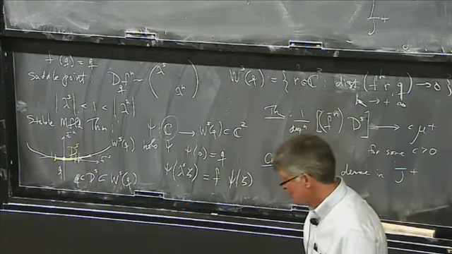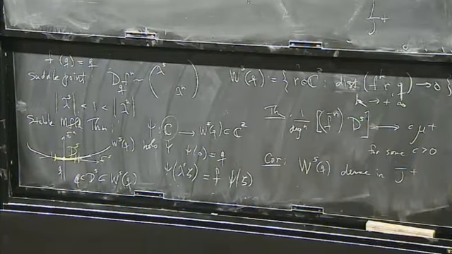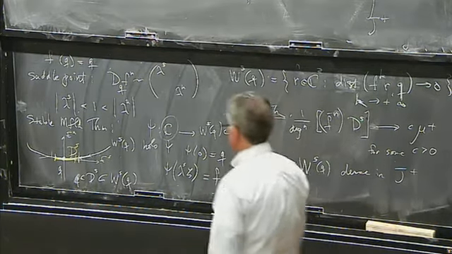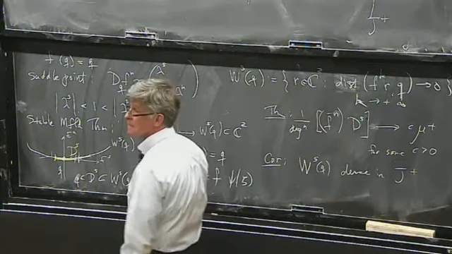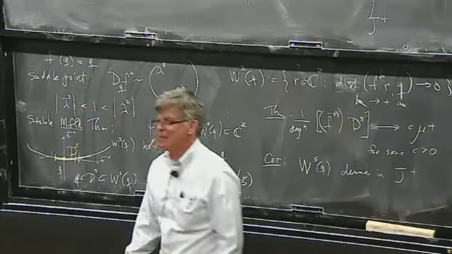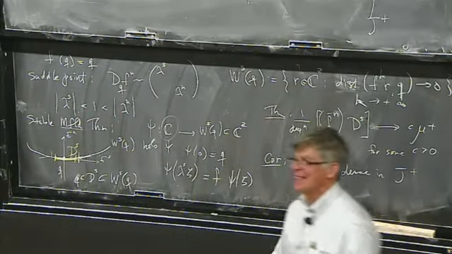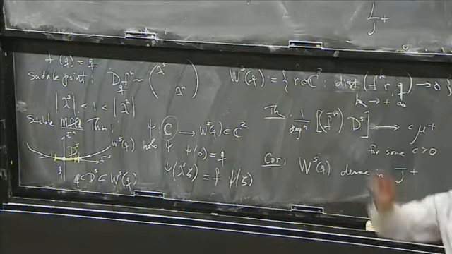Okay, so it's an immersed submanifold. Yes, okay, immersed submanifold. But then I have to change the name of my theorem: the stable immersed submanifold theorem. It's fine. I'm sorry.